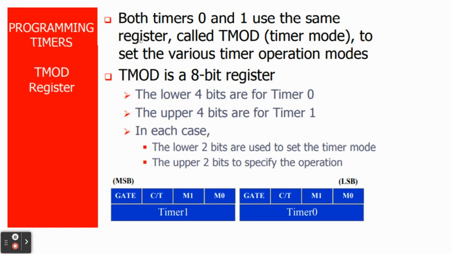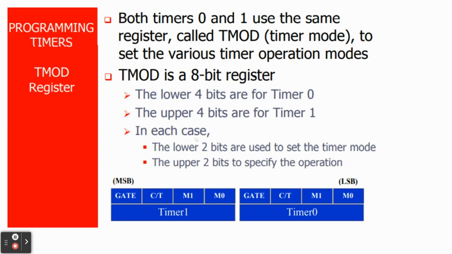Moving on, both timer 0 and timer 1 use the same register, which we call timer mode, or TMOD. This is used to set the various timer operation modes. Talking about operation modes, we have mode 0, mode 1, mode 2, and mode 3. The TMOD is an 8-bit register, and the lower 4 bits are for timer 0 and the upper 4 bits are for timer 1.